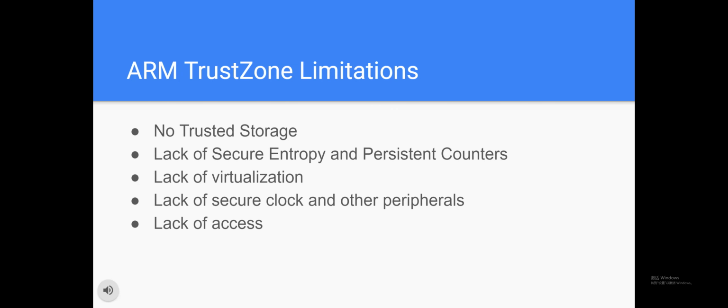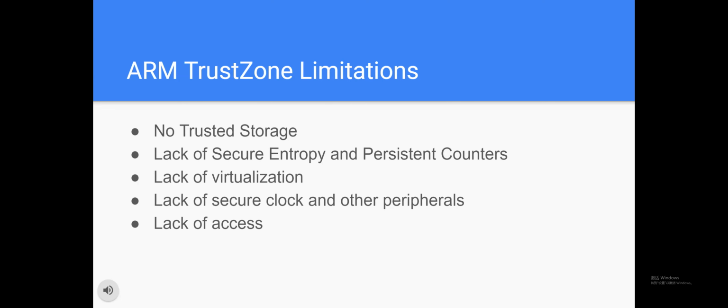Third, ARM TrustZone lacks virtualization. Although ARM offers virtualization extensions, the ARM TrustZone specification does not mandate it. As a result, many ARM-based SoCs used in mobile devices today lack virtualization support.